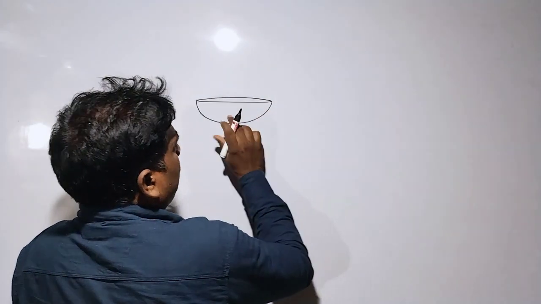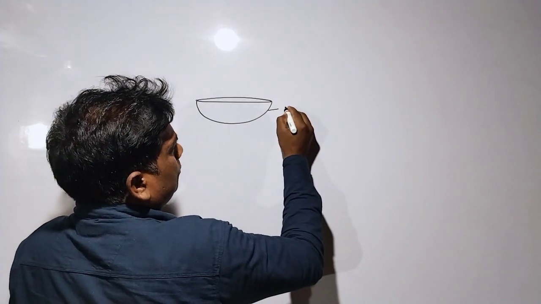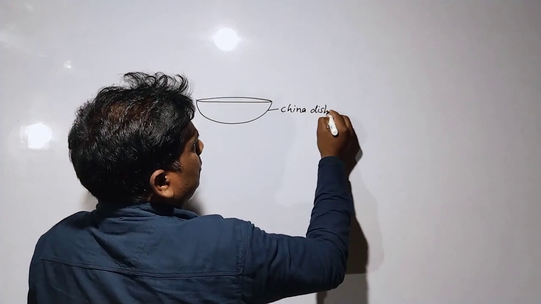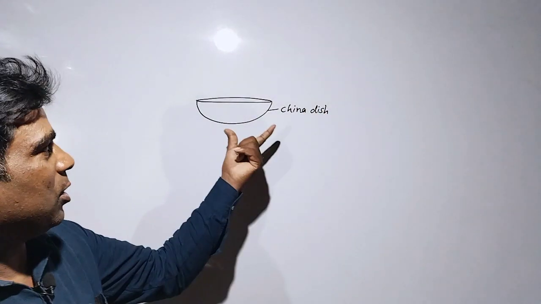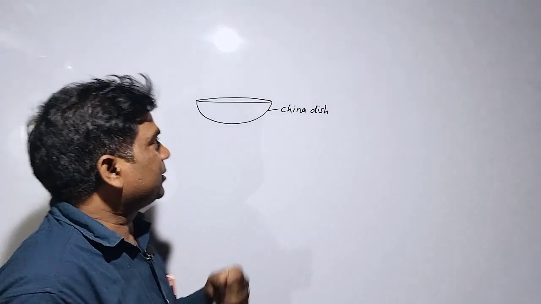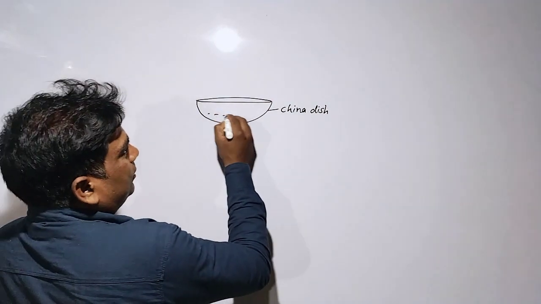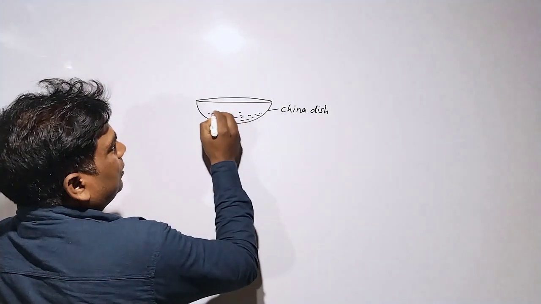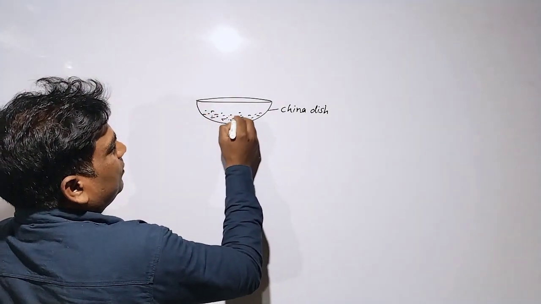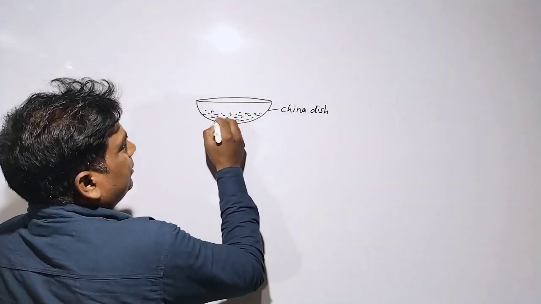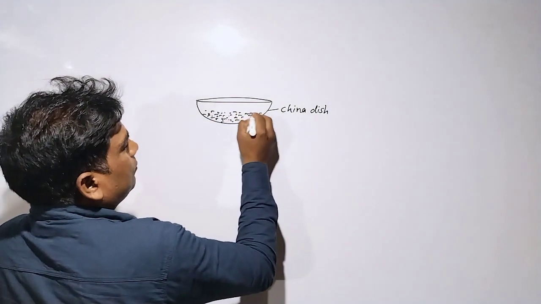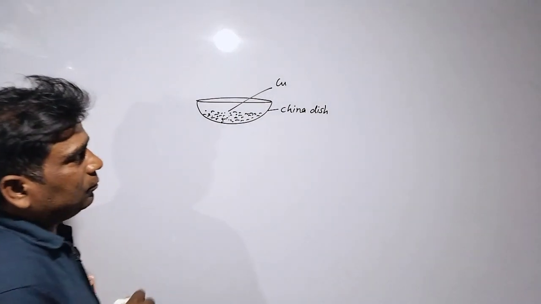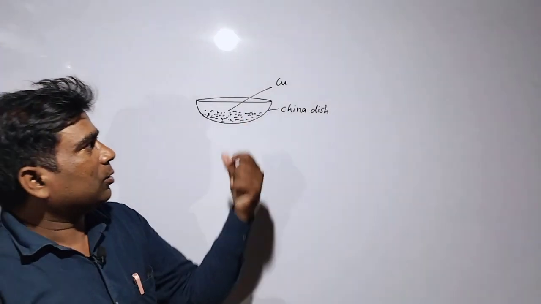This pot is called a China dish. We take copper in the China dish.